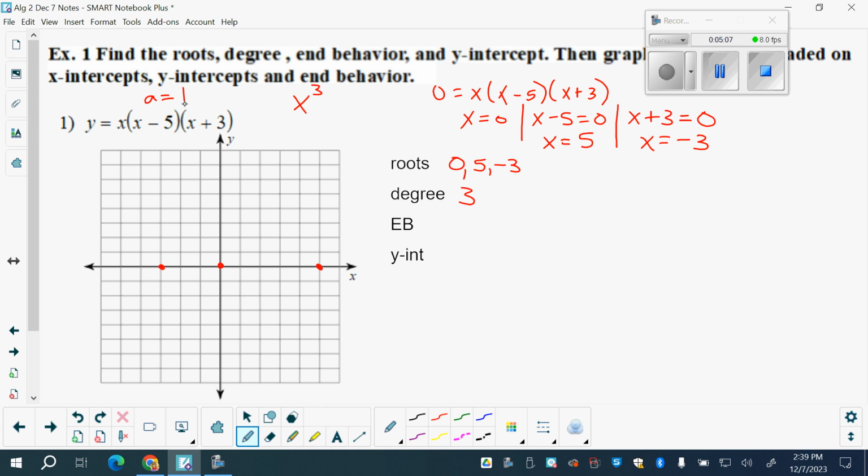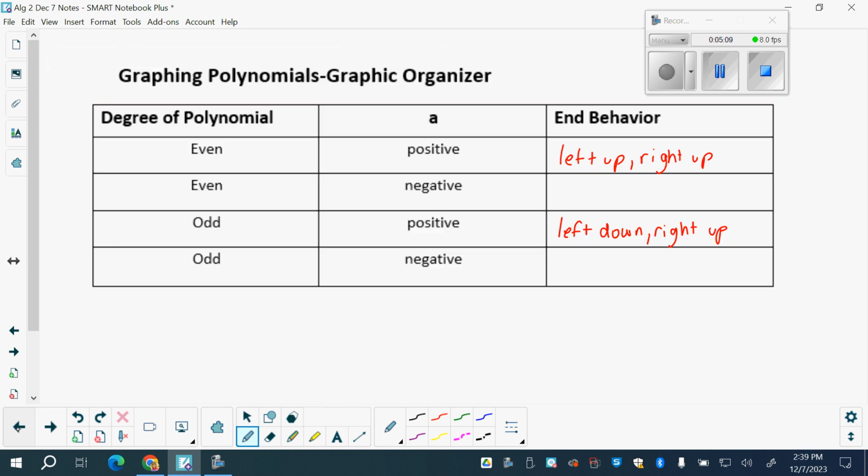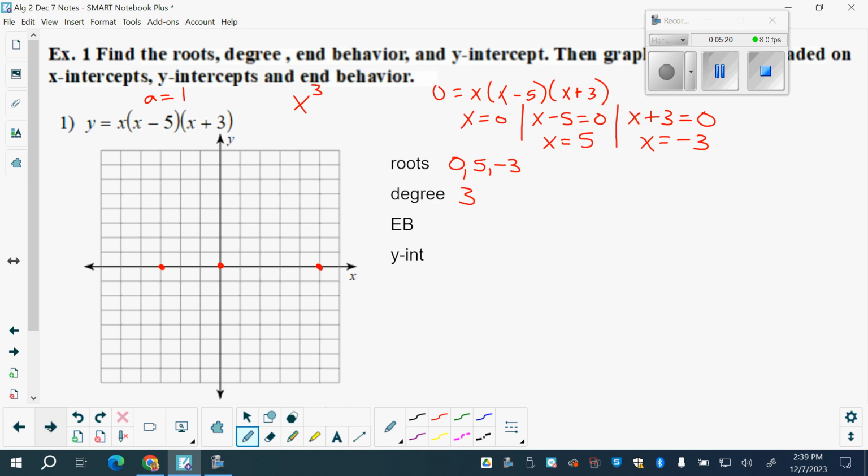So it's positive. So we're going to go to our table. Our degree is odd, and a is positive. So it's left down, right up. So our end behavior is left, down, right, up. Questions on that?